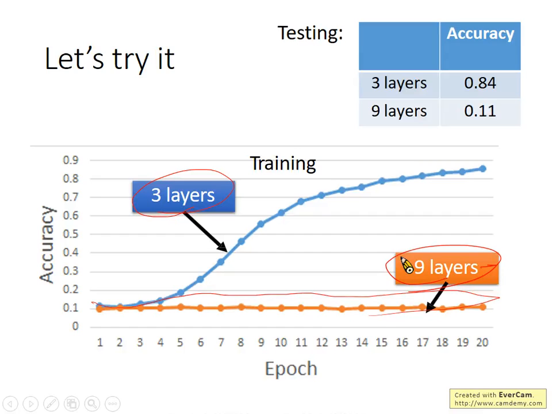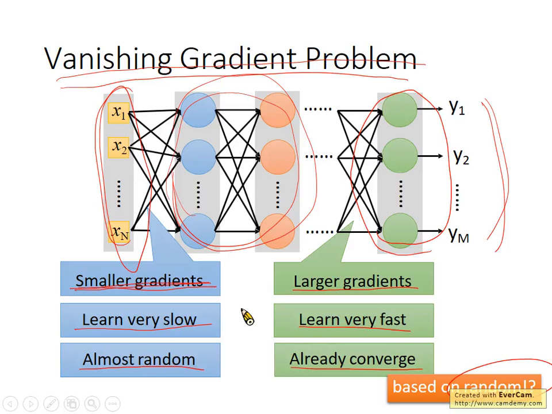The digits are 0 to 9, so there are 10 classes, and the training accuracy is 0.1, which is equal to random guess. Because of the vanishing gradient problem, in early years, when we constructed a deep network, we got training accuracy almost like random.